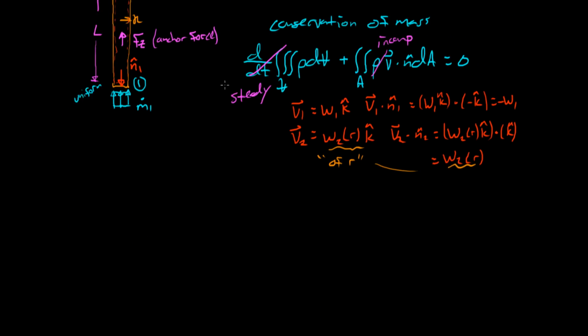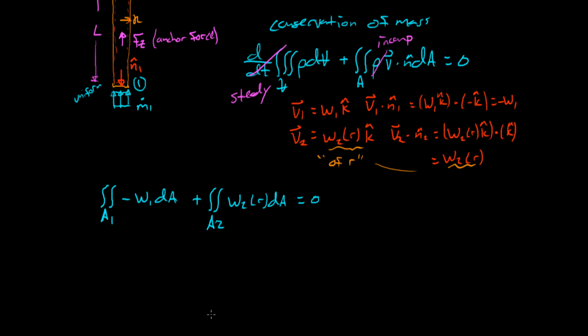So let's make those substitutions into the conservation of mass, and where we'll end up is the integral over A1 of minus w1, that's v dot n1, minus w1 dA, plus the integral over A2 of v dot n2, which is w2 of r dA, and that's equal to 0.